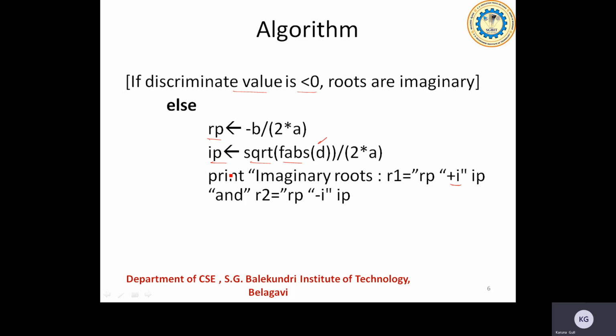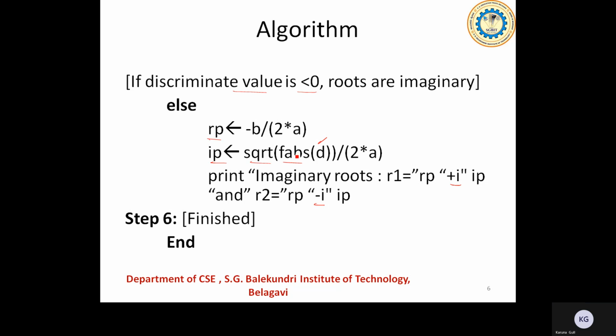So Ip is the imaginary part that I have calculated here, and next we have r2 equal to Rp minus Ip i. So this is the only difference between the r1 and r2 value. Rp is the real part and Ip the imaginary part. So this is the algorithm that helps find the roots of a quadratic equation.